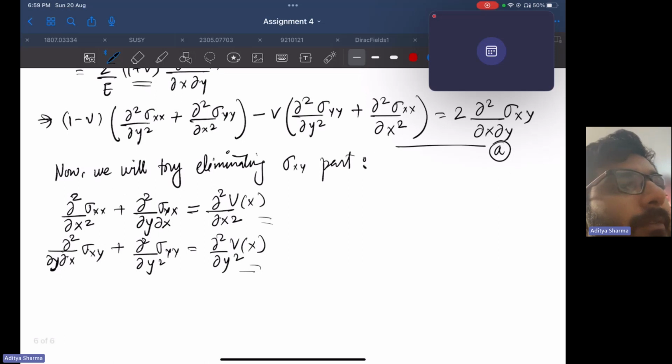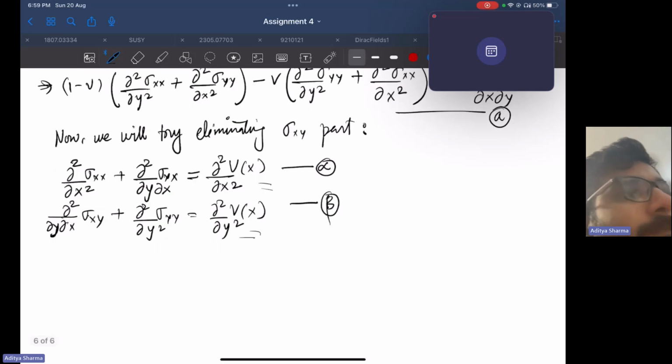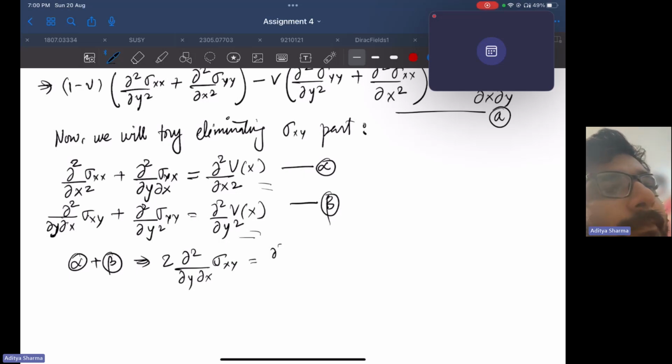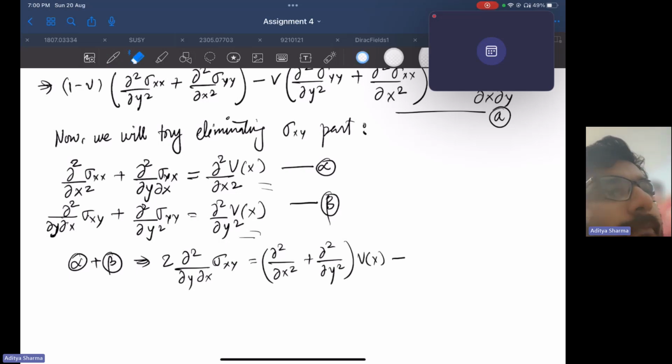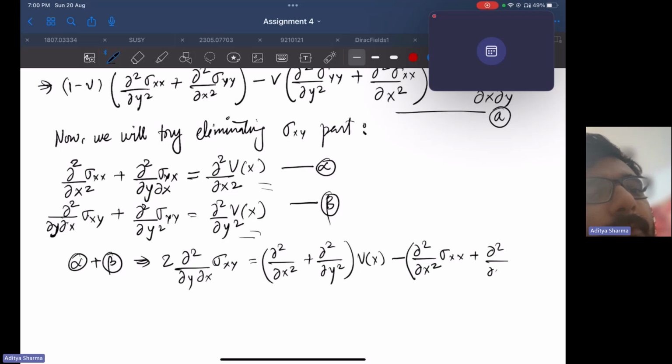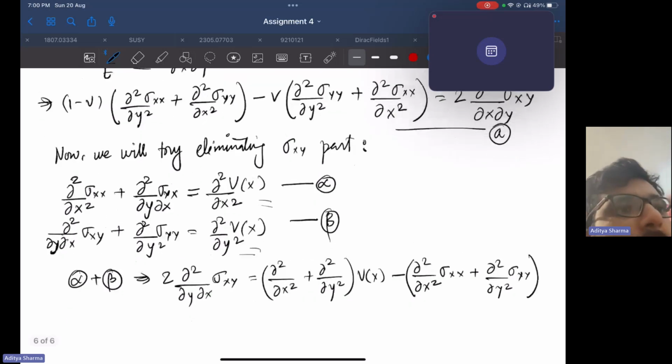Now we will add this equation, add alpha with beta, and we will try to separate the part which has got this term. And then we will substitute this in A.